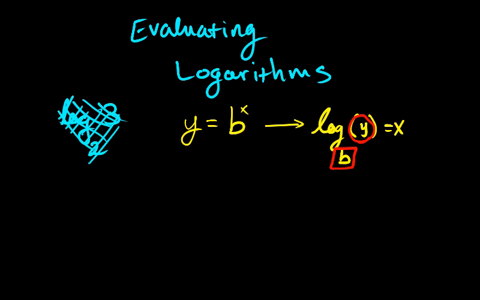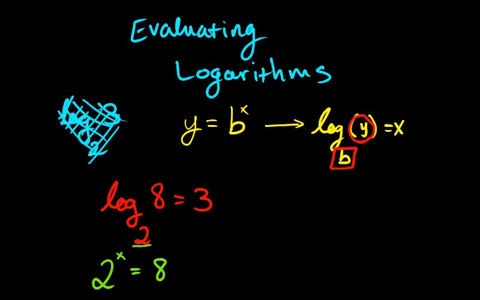So for instance, if you have the log base 2 of 8, you could think of it this way. 2, that's where you start, 2 to what power, and I'm going to put an x there to represent a number, right? 2 to what exponent would equal 8? And so you just want to think about it. 2 times itself, how many times would equal 8? And the answer would be 3. And so the log base 2 of 8 equals 3. And that's how you actually, as simple as I can state it, evaluate a logarithm.